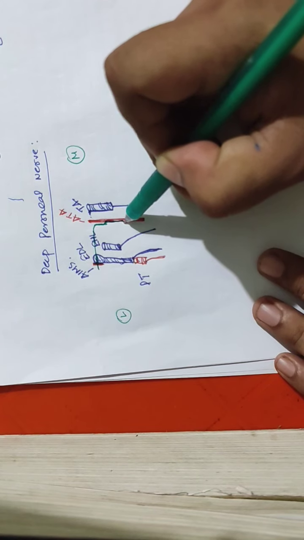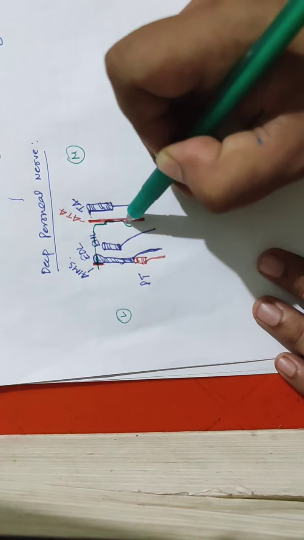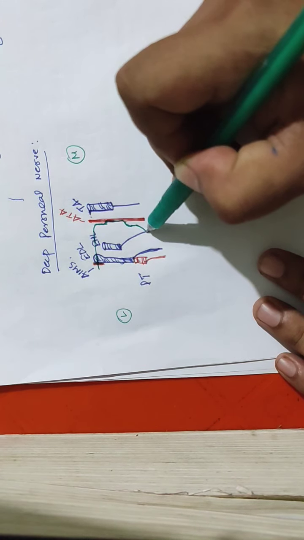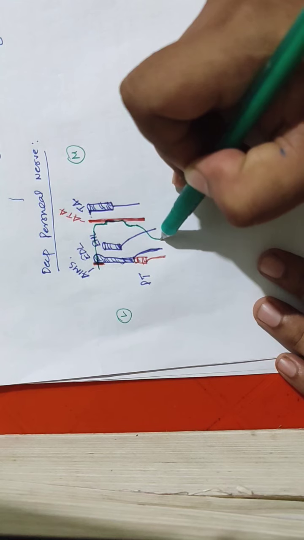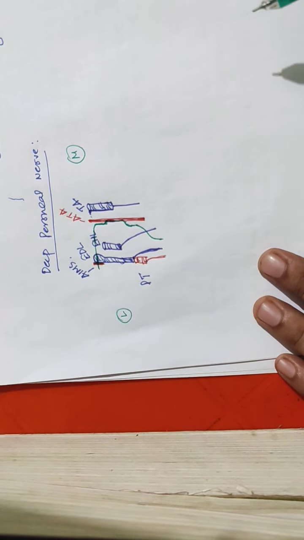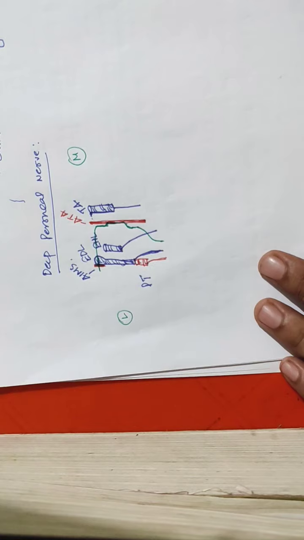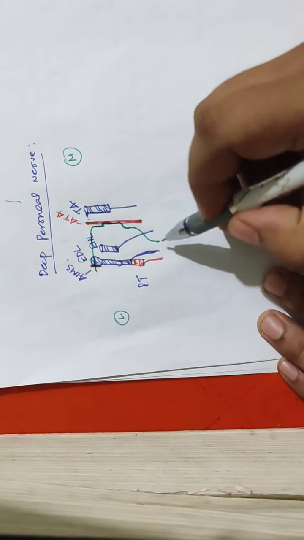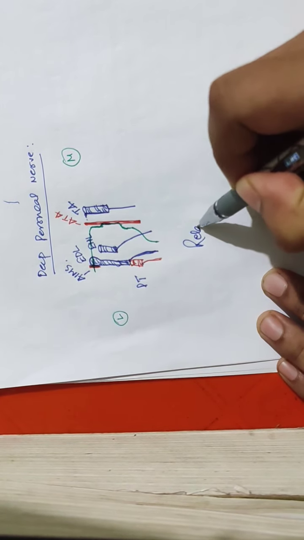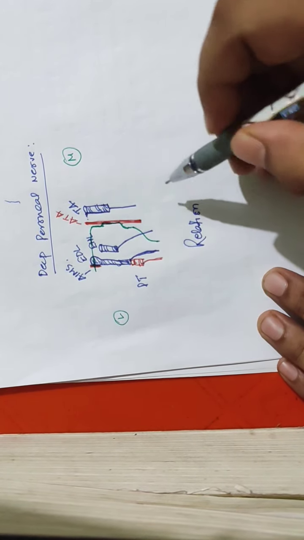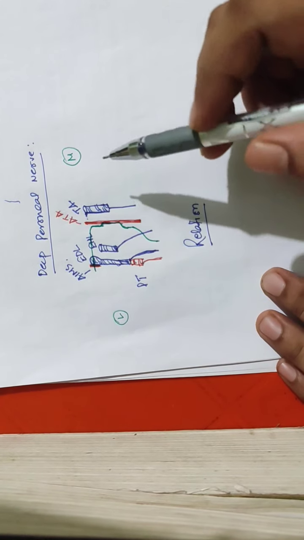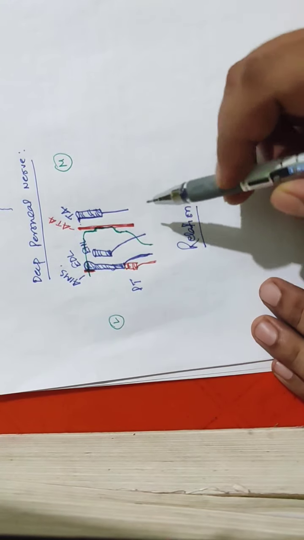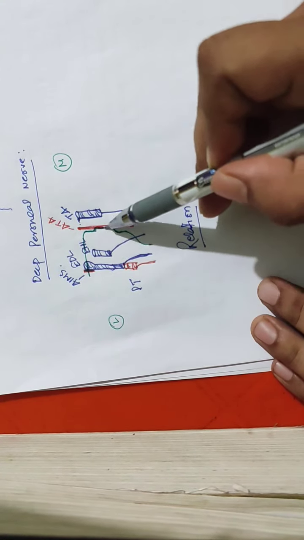Then again it lies lateral to the anterior tibial artery, and then goes down this way. So there is a peculiar relation in the case of the deep peroneal nerve, that means relations in the upper part, middle part and lower part.